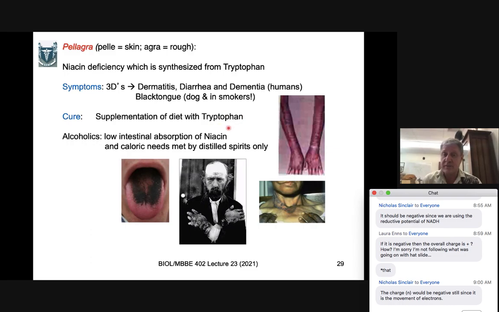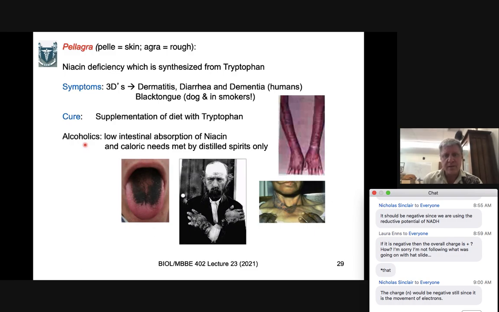So a high level of tryptophan in the diet might be able to push over the niacin production, because you might not have the capacity to actually absorb the niacin itself. This is seen in alcoholics, where low intestinal absorption is due to competition with the consumption of alcohol.